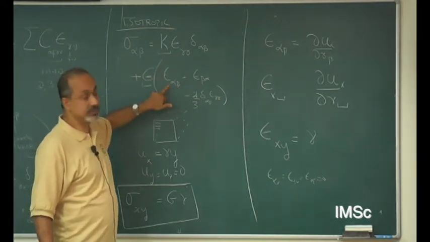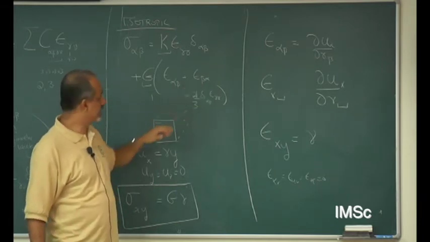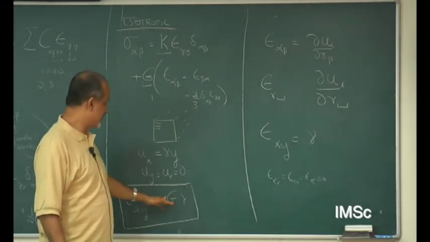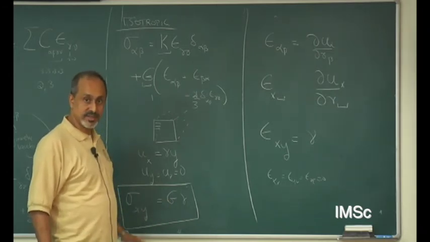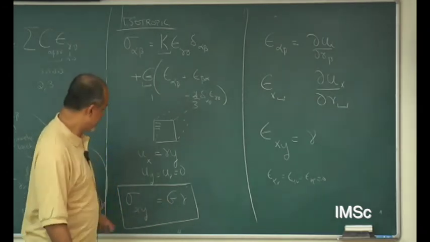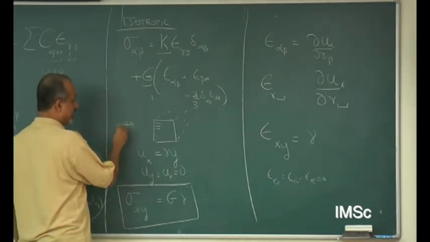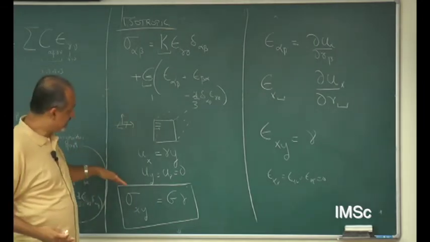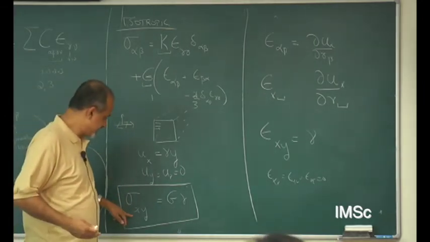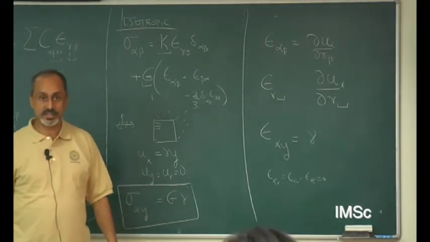Epsilon xy figures here. And this is 0 and this is 0, because yx is 0. So the answer is that sigma xy is G times gamma. So sigma xy, remember, is the x component of the force directed on a plane that points in the y direction. So it's a shear force. So this shear stress gives rise to a strain gamma, and the connection between them is this quantity G.